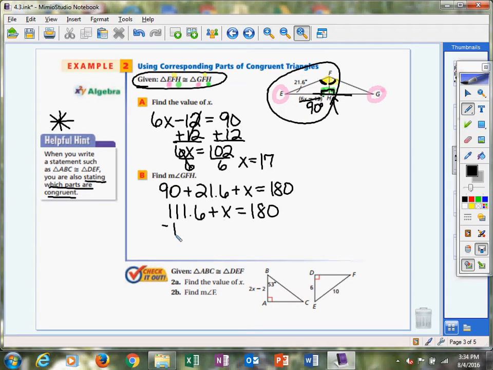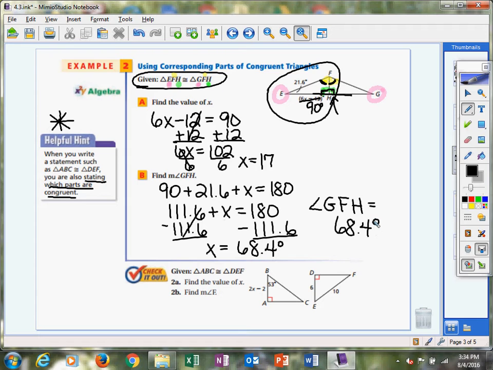And we're going to get x is equal to, if you have your calculator, it'll be a little bit faster if you do that, 68.4 degrees. And so that's what the measure of angle GFH would be equal to, 68.4 degrees. Because if we find this one, then we automatically know what that one is right here, because they're congruent.